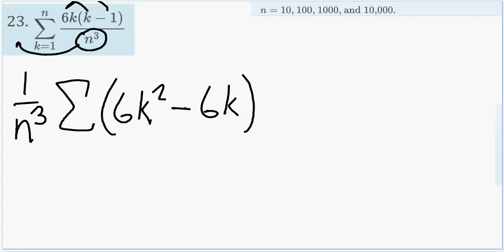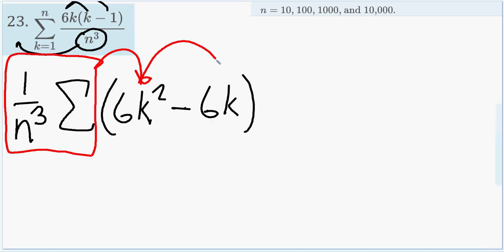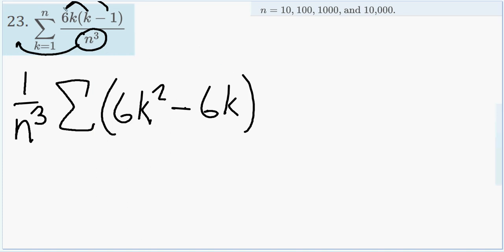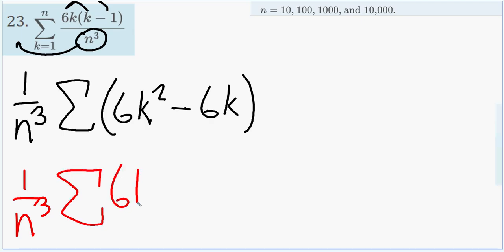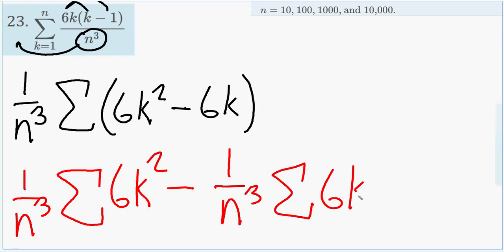All right, now we are going to distribute the 1 over n cubed and the summation to the first term, and then again to the second term. So I've got 1 over n cubed, summation of 6k squared, minus, again, we distribute the 1 over n cubed and the summation, and here we just have 6k.